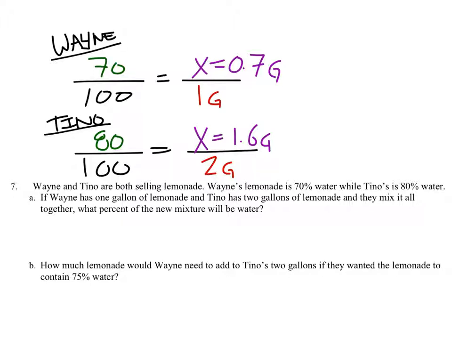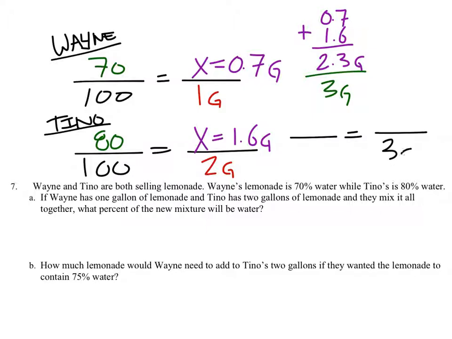So of water. To figure out the percentage of the new mixture, we've got to figure out how much of it was water. So we're going to take Wayne's, which is 0.7, and add it to Tino's, which is 1.6, and we get 2.3 gallons. Now this is out of the 3 gallons. So this sets up a new proportion.